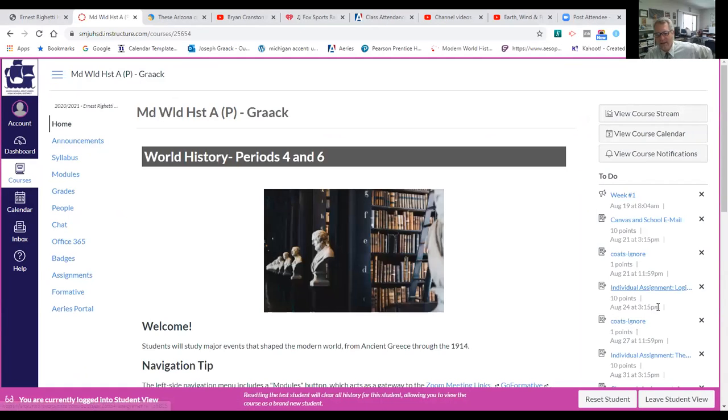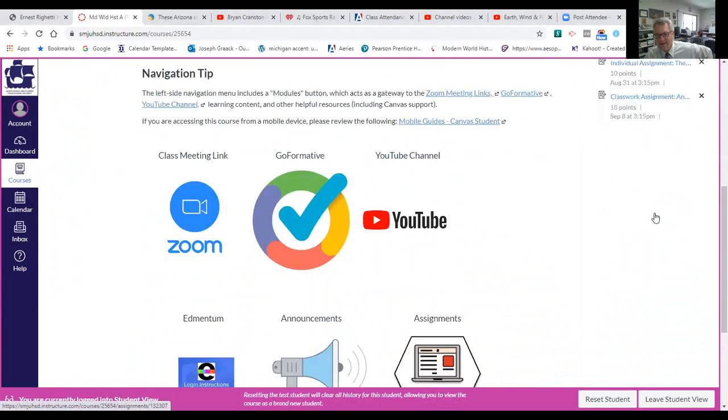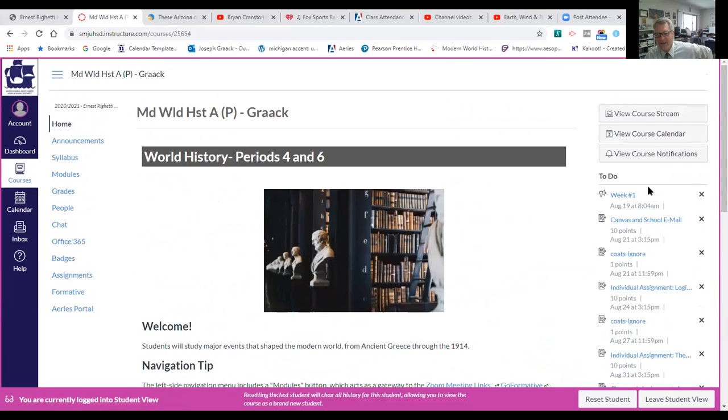But when you log in, if you look on the right-hand side, you have a bunch of notifications. And if you noticed on Friday, Module 3 came up, and you could look through Module 3. Also, this morning, as well as Friday afternoon, Aries updated. So your grade in Aries and Canvas should be updated. You can check your progress there.